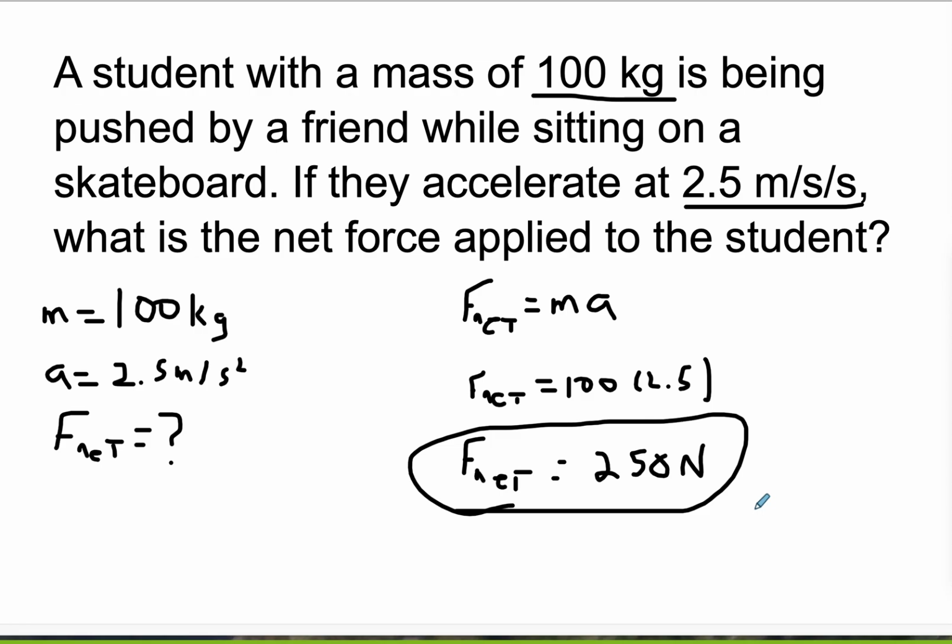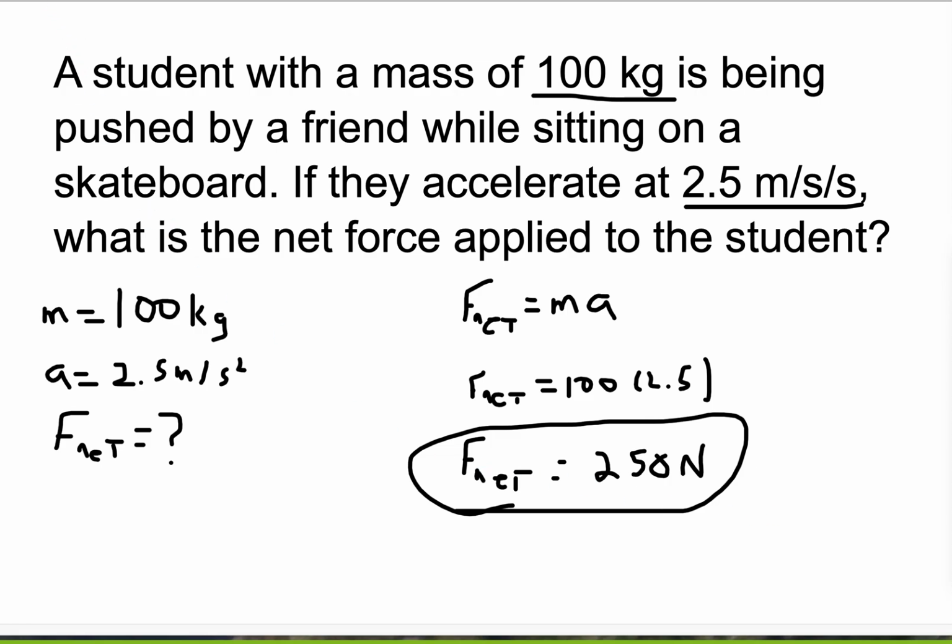And if we did the conversion, that would be roughly 60 pounds of net force. So are we good? Can I move on to the next problem? I want to do 3 with you today.